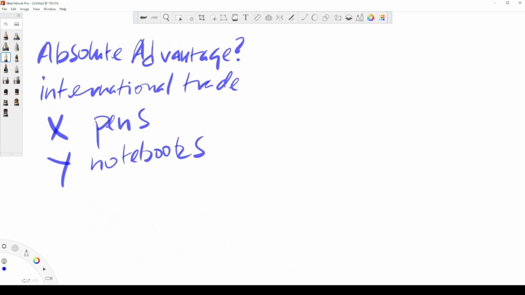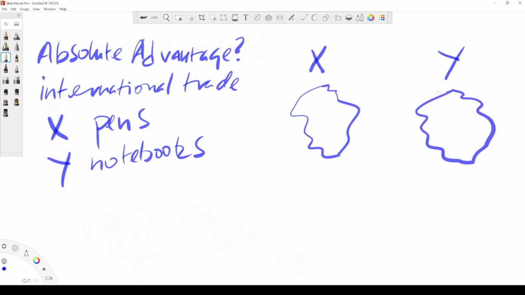So I'm going to illustrate this graphically for you. Here we have country X and country Y. This is country X and this is country Y. Let's say country X is USA, and country Y is Ghana.